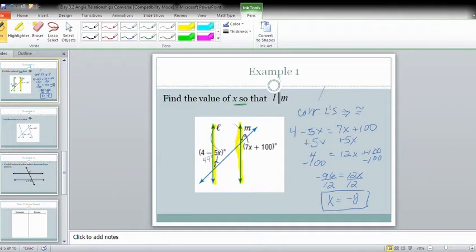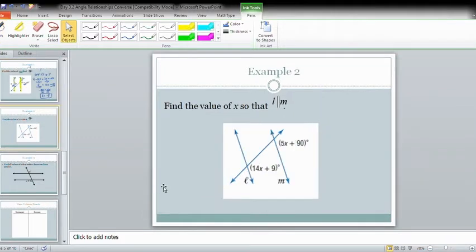So this angle is 44 degrees. Therefore, this angle is also going to be 44 degrees. And we will have corresponding congruent angles. And you can check this one too. 7 times negative 8 is going to be negative 56 plus 100 would also be 44 degrees. All right, see if you guys can do this one on your own.